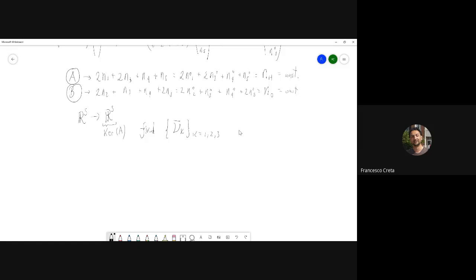Well, we have to find these 3 vectors, right? Ni1, Ni2, and Ni3. How do you represent them? They are vectors of R5. So even though they live in a subspace, you have to represent them with 5 components, right?